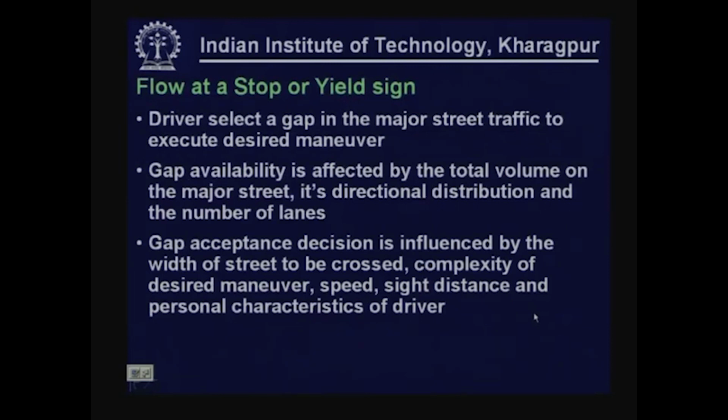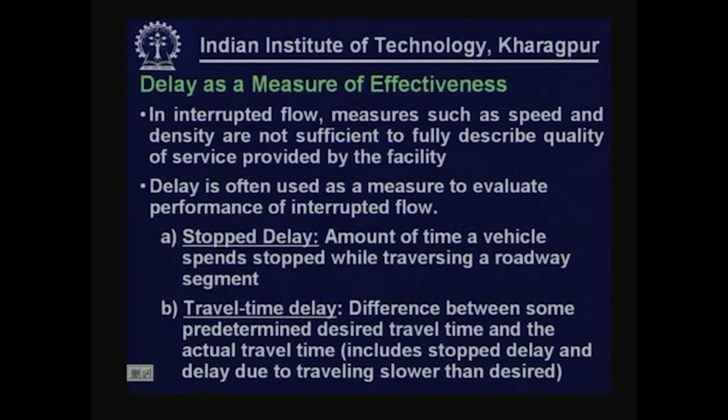Now, flow at stop or yield signs may also be part of this interrupted flow facility. Drivers select a gap in the major street traffic to execute the desired maneuver, and gap availability is affected by the total volume on the major streets, its directional distribution and the number of lanes. Now, sometimes for interrupted flow facilities, measures such as speed or density are not sufficient to fully describe the quality of flow or service provided by the facility.